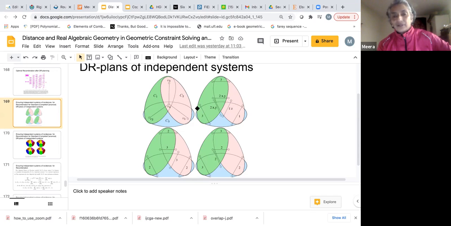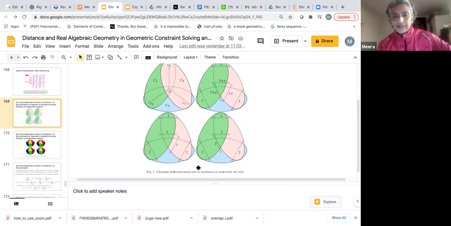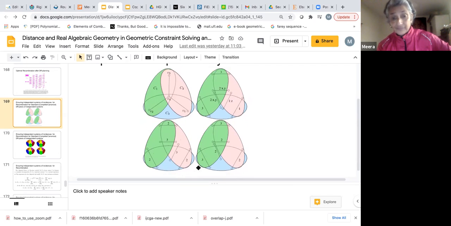And then do the same thing here. And if you think about it, once you have equated these, then after that, you only have one that you can equate between these two and one here. And so this is basically showing different ways in which you could try to resolve this type of dependence by using an independent system of constraints.